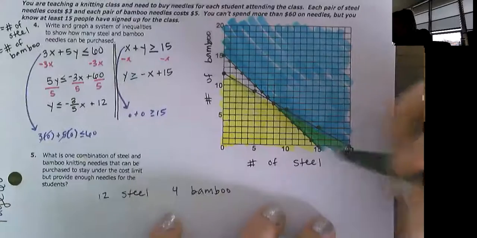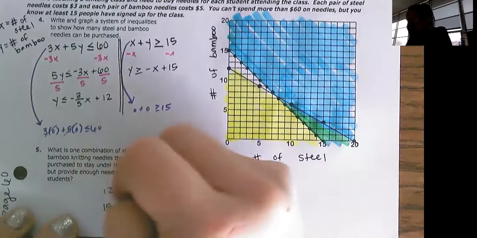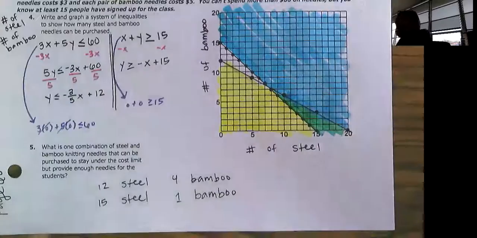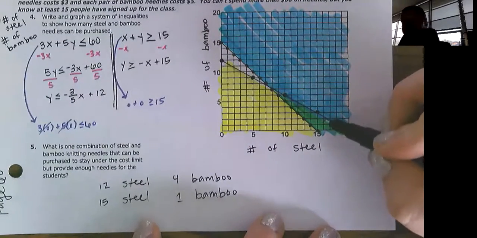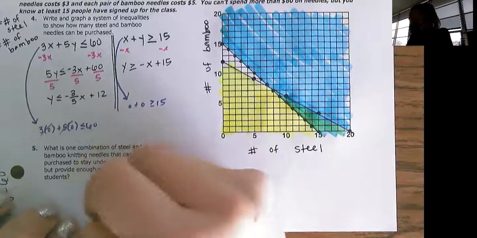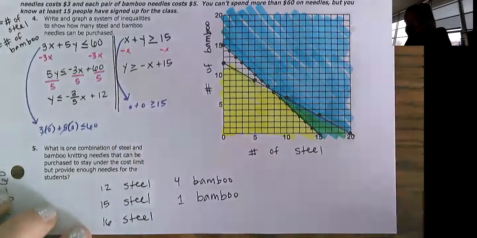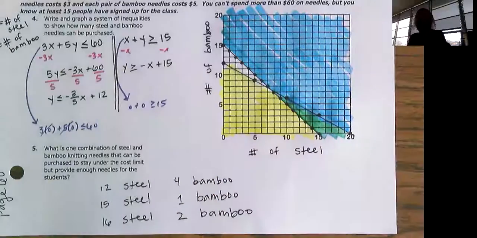I could go over here, I could say 15 steel, 1 bamboo. I could say 16 steel, 2 bamboo. That's still inside my double shaded region. There are a lot of options that would work here. So choose one that works for you. Because remember, our solutions are in the double shaded region.